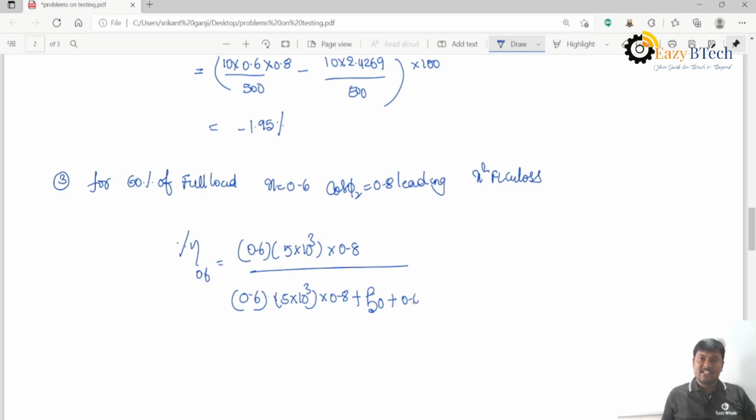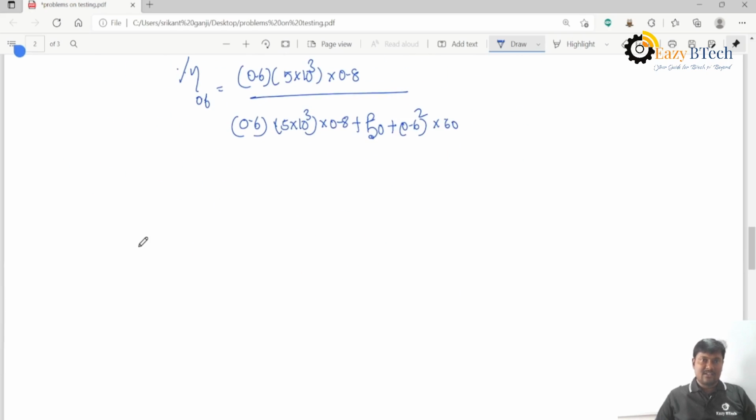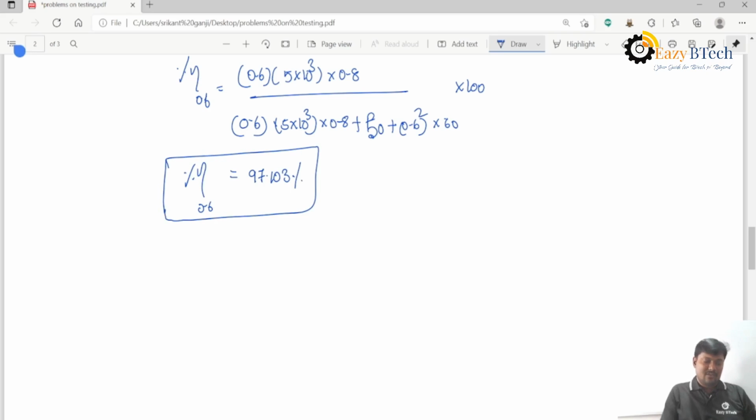It means 0.6 squared into the full load copper losses, which you obtained as 60, multiplied with 100. Then I am getting 97.103 percent efficiency at 60 percent of the full load.